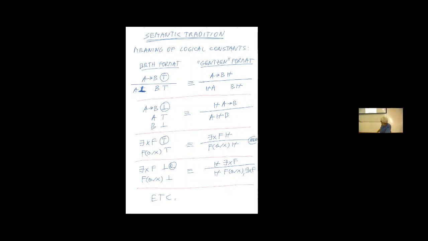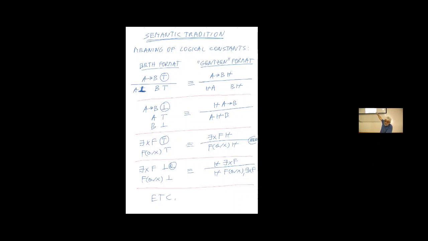So we have this negated turnstile, and if the formula is on the left side, it means that it is true, and if it's on the right side, it means that it is false. So this rule, what does it mean that if A then B is true, is just: what does it mean that if A then B is on the left side?